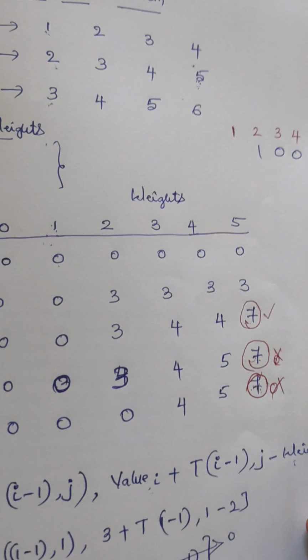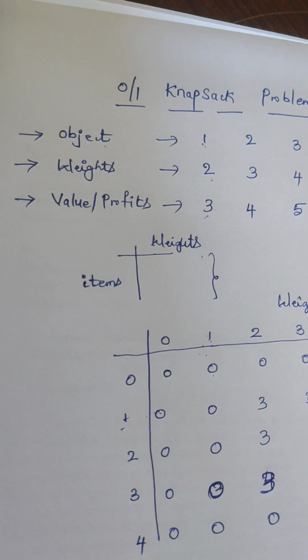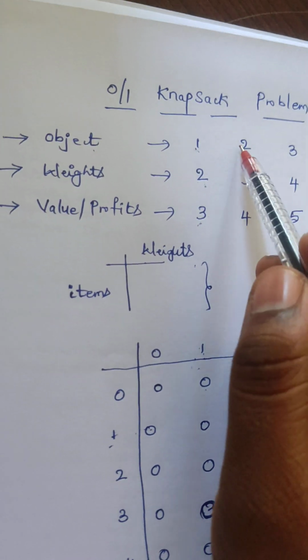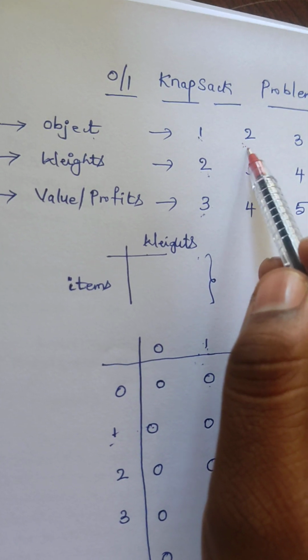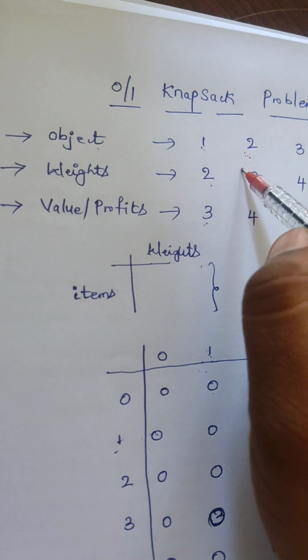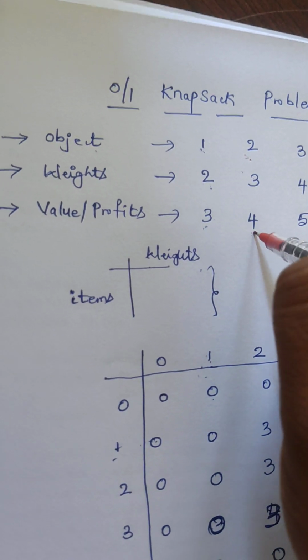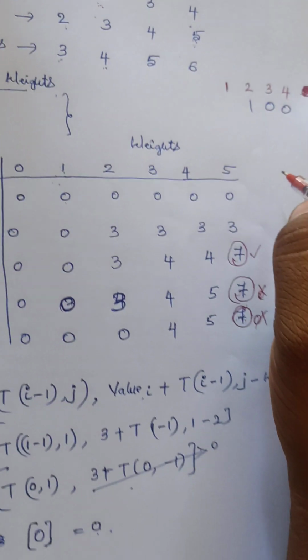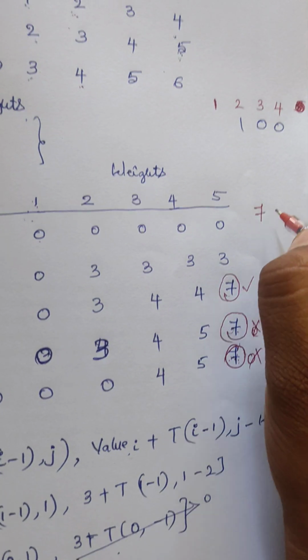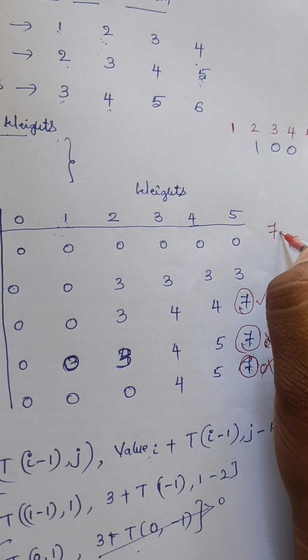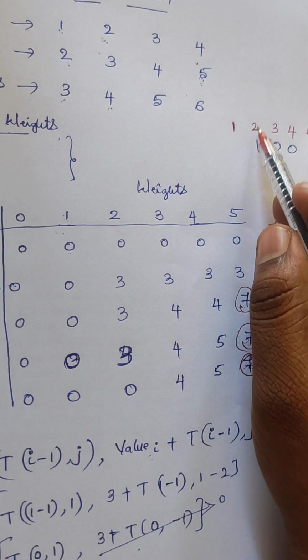Clear? So now when you observe the second object, the original profit is 4. But here the maximum profit is 7. So we take whatever profit we have and subtract the profit of the object we have taken.